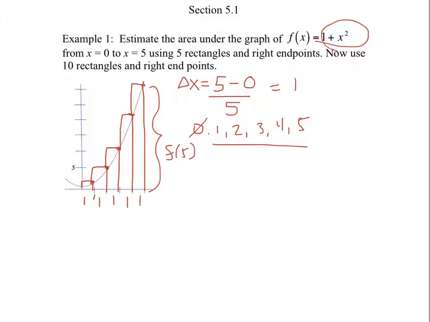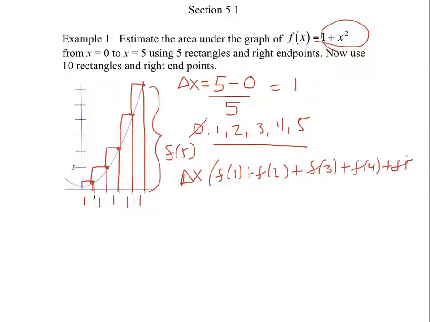So basically, I have length times width plus length times width plus length times width and so on for the 5, but since all of them have the same width, I can just pull the width out. So I have the width of 1, or our change in x, times our summation here of f of 1 plus f of 2 plus f of 3 plus f of 4 plus f of 5.